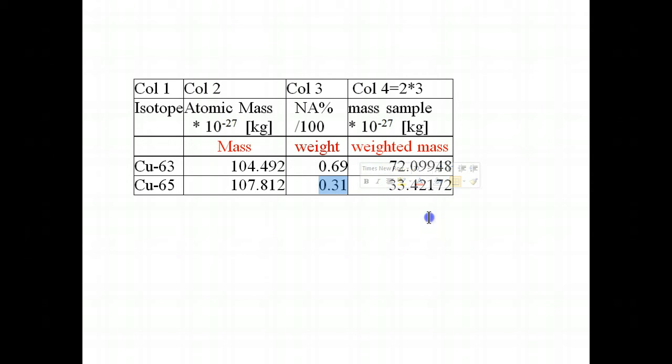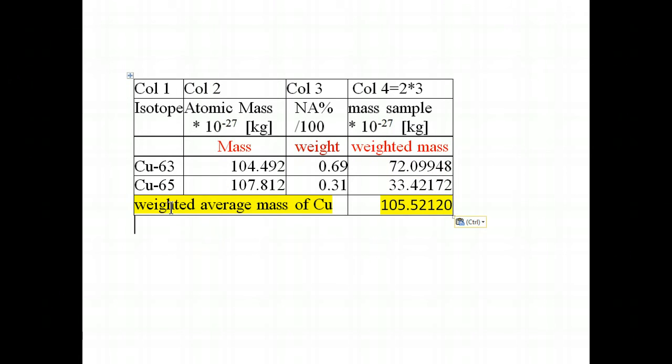That gives you 33.4217. And then you just have to add these two numbers together to get the weighted average mass of copper, which is 105.5212 multiplied by 10 to the power of minus 27 kilogram.